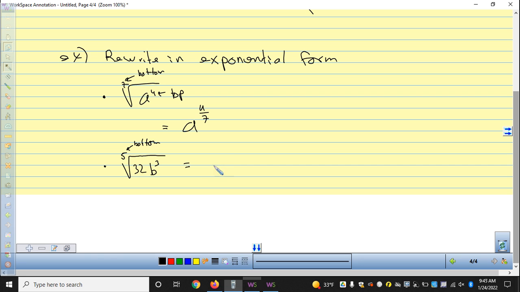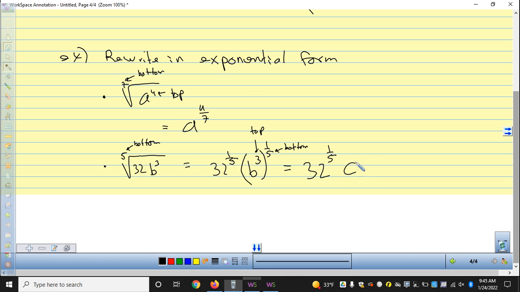So this is 32 to the 1/5 and b cubed to the 1/5. I'm going to rewrite it as 32 to the 1/5, we'll do that in just a second, b to the third to the 1/5 power. This is the bottom, this is the top.